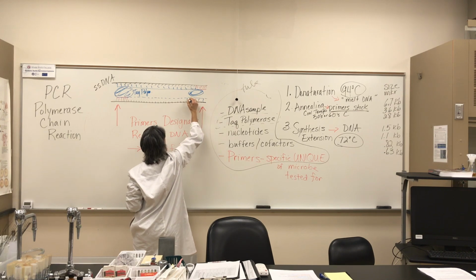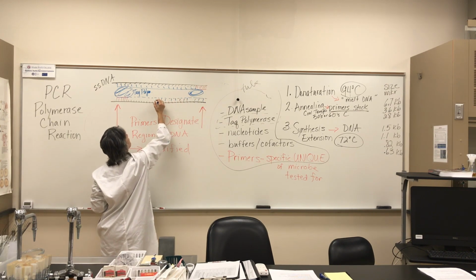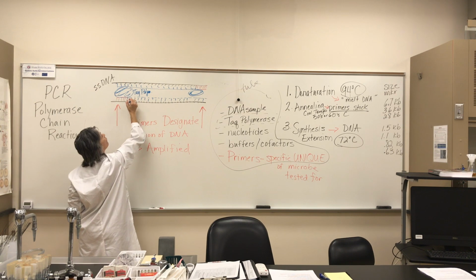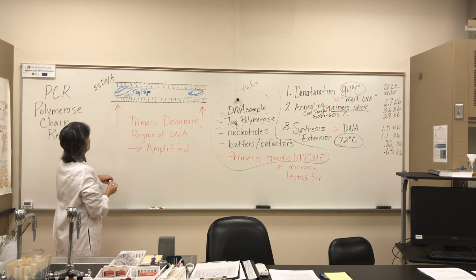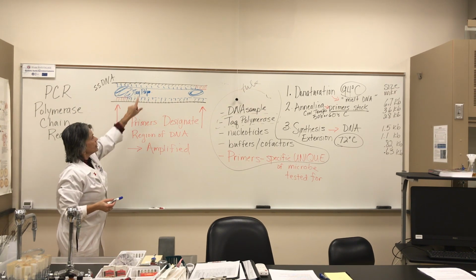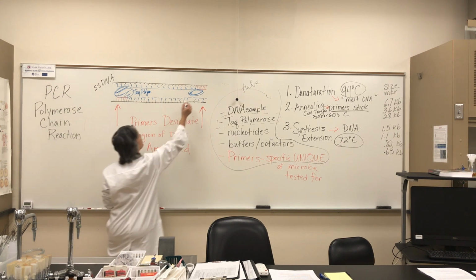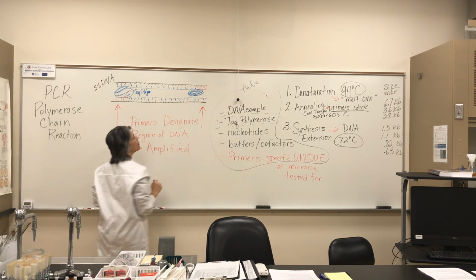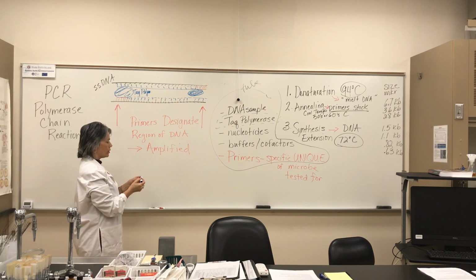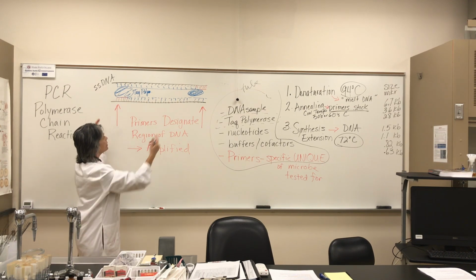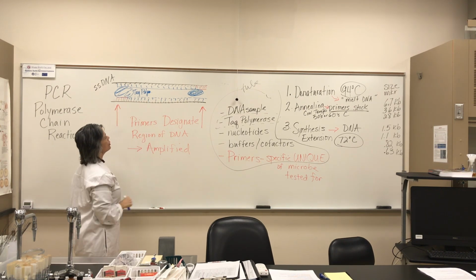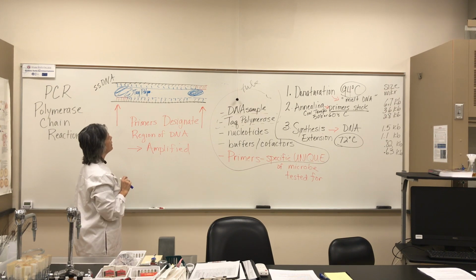I'm not being perfect about matching up all my little nucleotide rungs. So the Taq polymerase has done its thing both ways. You might remember DNA polymerases only work in one direction, so it's different directions on different strands, but not a major point today.